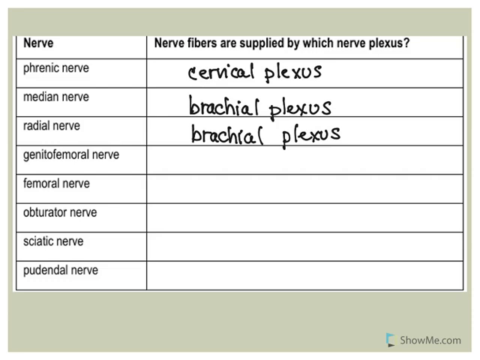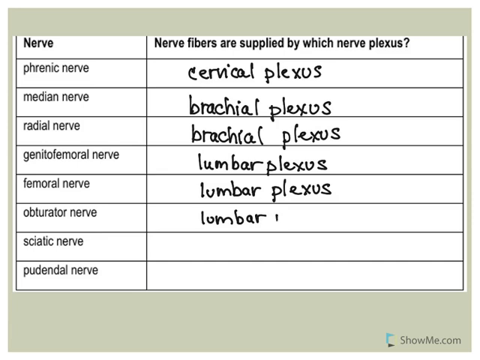The genitofemoral, femoral, and obturator nerves all have fibers that originate from the lumbar plexus. So lumbar plexus is going to be supplying structures in, say, your lower extremity, and kind of in the genital areas. It depends on, again, the nerve.